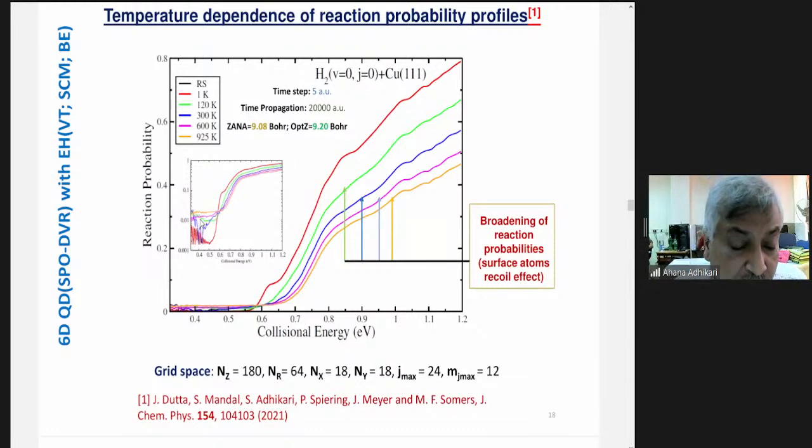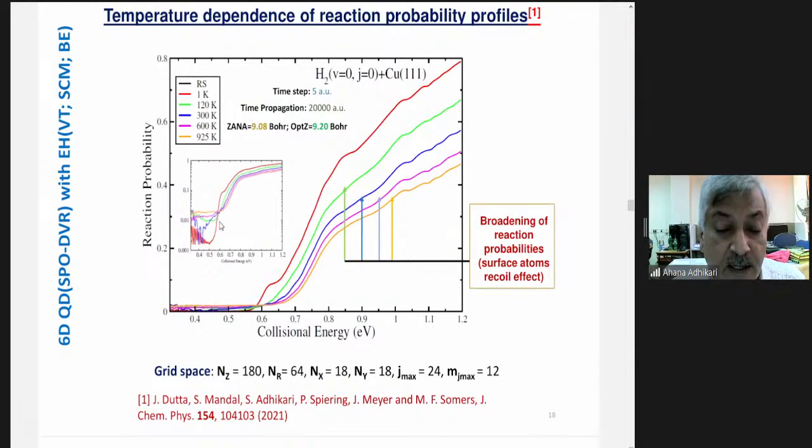But as you increase the surface temperature, at very, very low collisional energy, the reaction probability increases. But at higher collisional energy, the reaction probability decreases. Okay, so that's really counterintuitive.